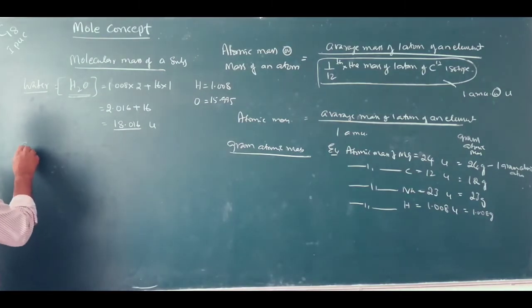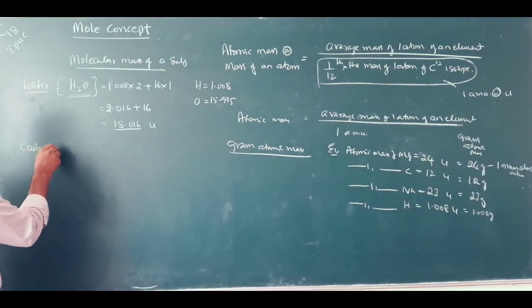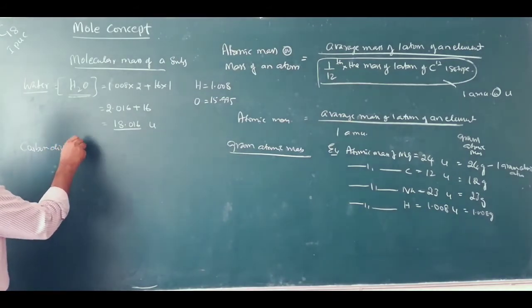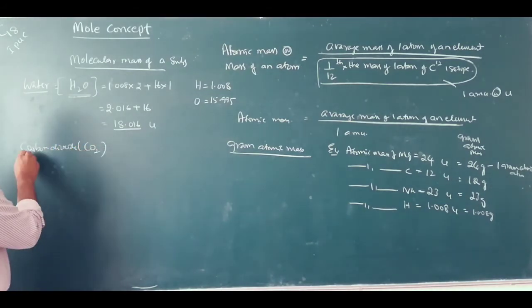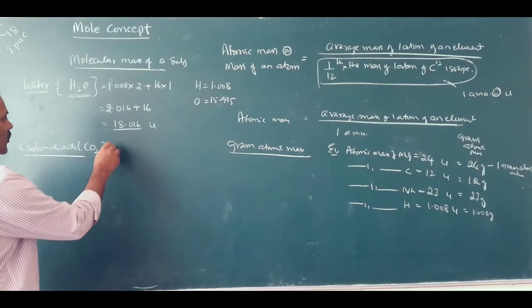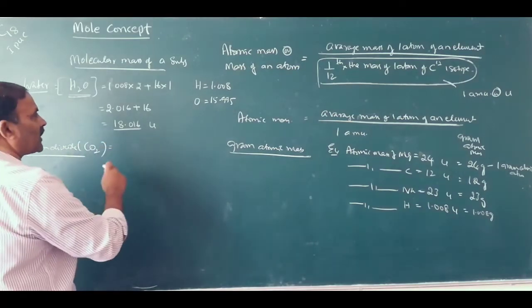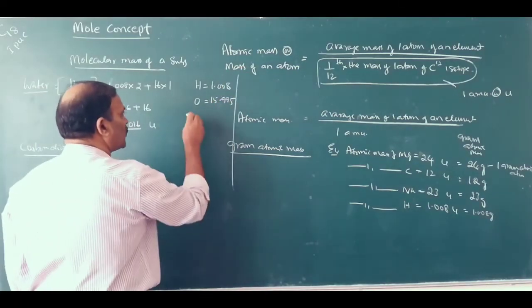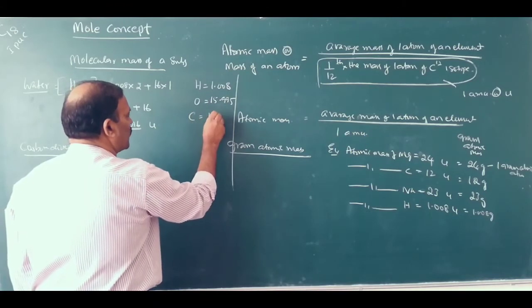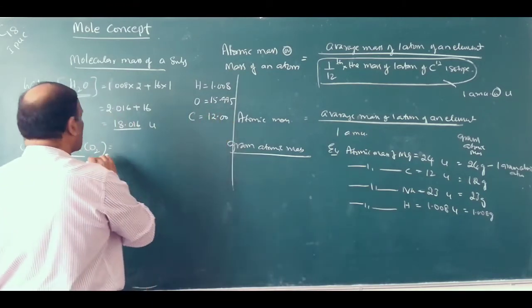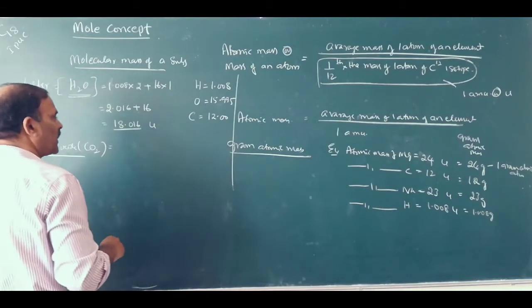Similarly, carbon dioxide. What is the formula of carbon dioxide? CO2. How to determine molecular mass? Atomic mass of carbon is equal to 12. Atomic mass of oxygen equals 15.995.